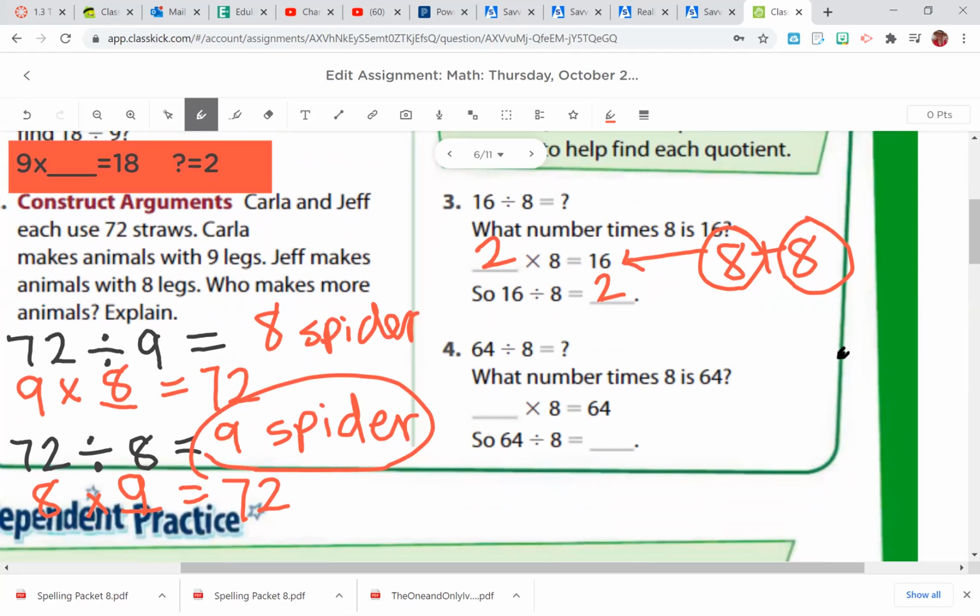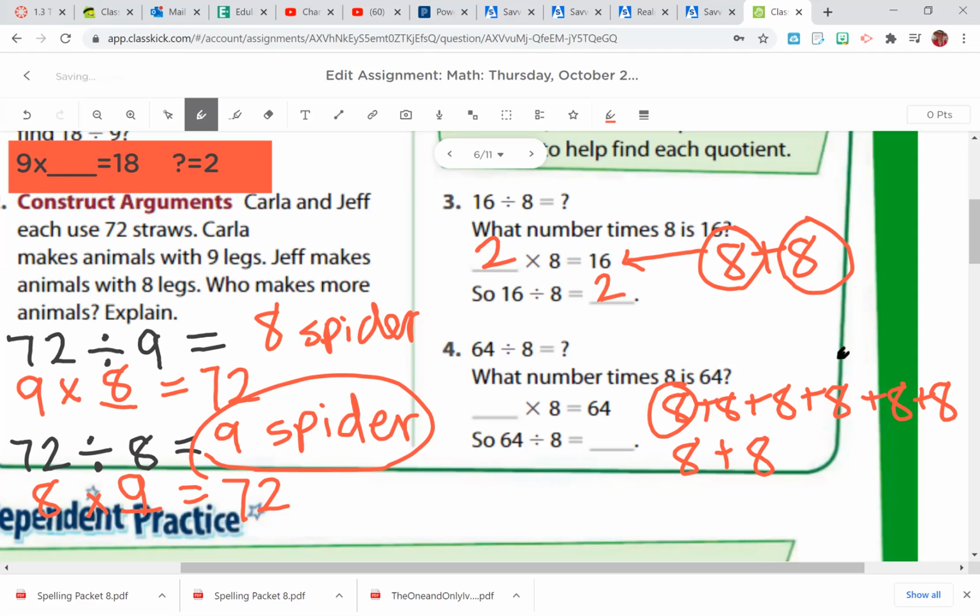What number times 8 is 64? I can use the same strategy. I can count up by 8 until I get to 64. 16, 24, 32, 40, 48, 56, 64.